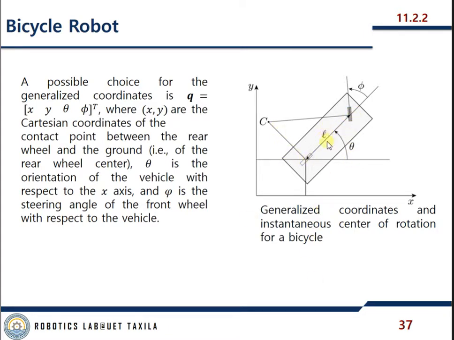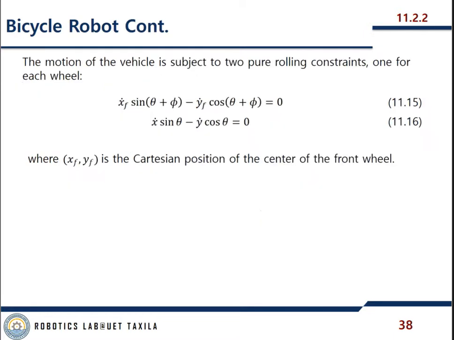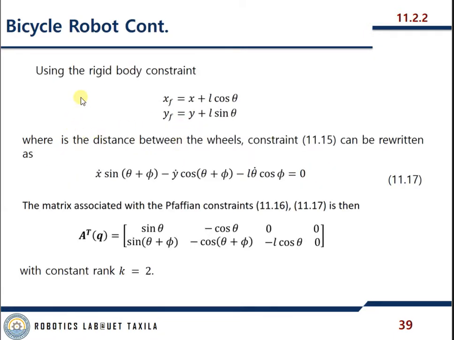So we are going to use this length and this structure, where L is the distance between the wheels. Constraint 11.15 can be written as x dot sin(theta plus phi) minus y dot cos(theta plus phi) minus L theta dot cos phi equals 0.